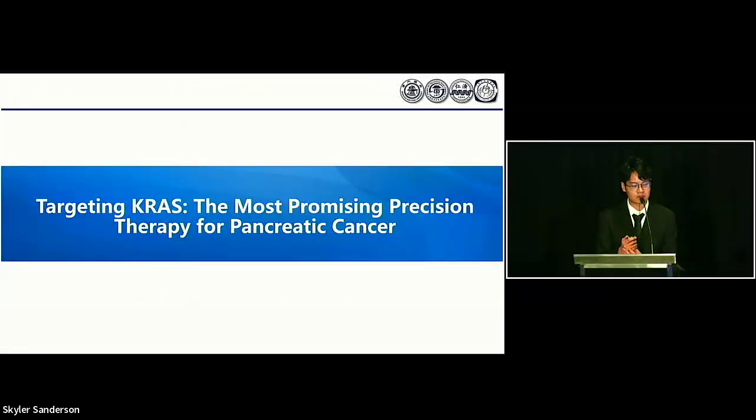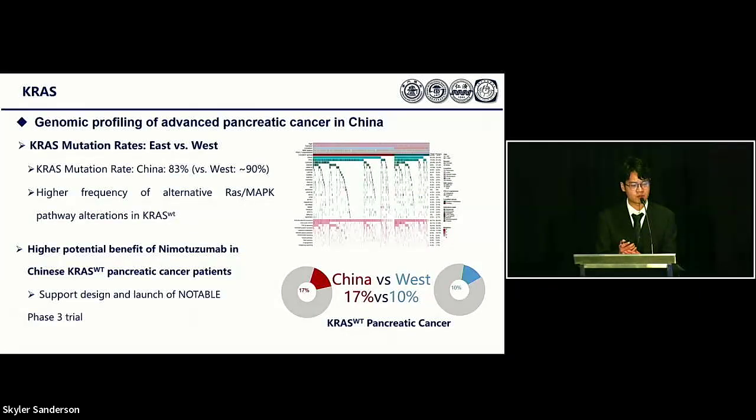And the next topic I want to talk about is targeting KRAS, the most promising precision therapy for pancreatic cancer. As we all know, KRAS is the most frequently mutated gene in pancreatic cancer, reaching about 90% in Western populations.